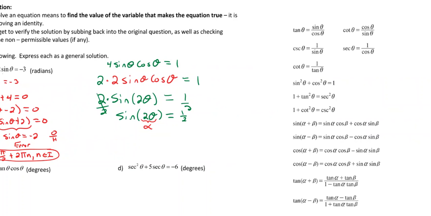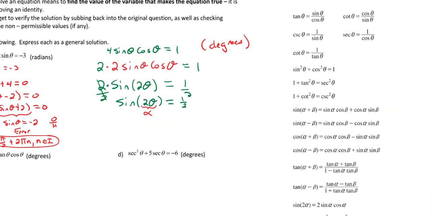So let's do this in degrees actually, just to keep things simple. Okay, so where is this going to be for alpha, let's say, or 2 theta? We could say 2 theta would be equal to, wherever the sine of 2 theta is equal to a half, so that's going to be at 30 degrees, and at 150, and at 390, right? 360 plus 30, I'm just trying to show the pattern here, and then 510.